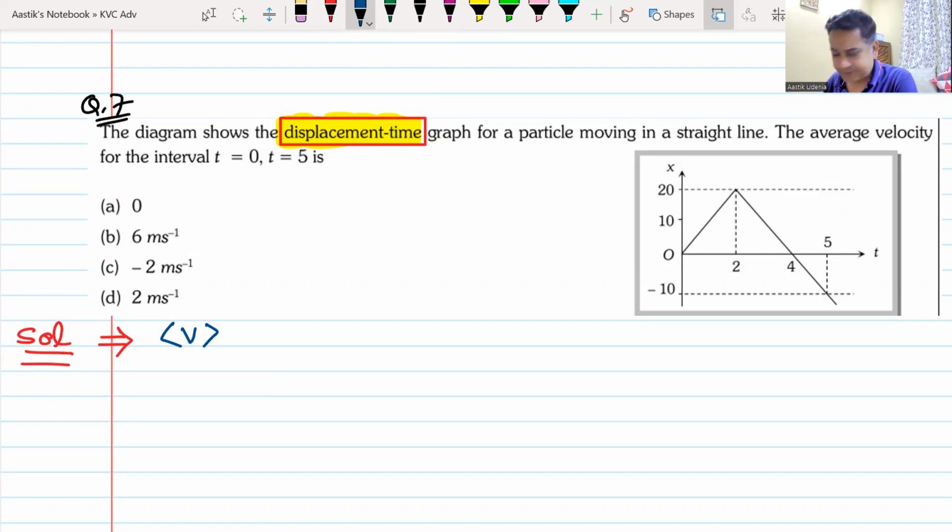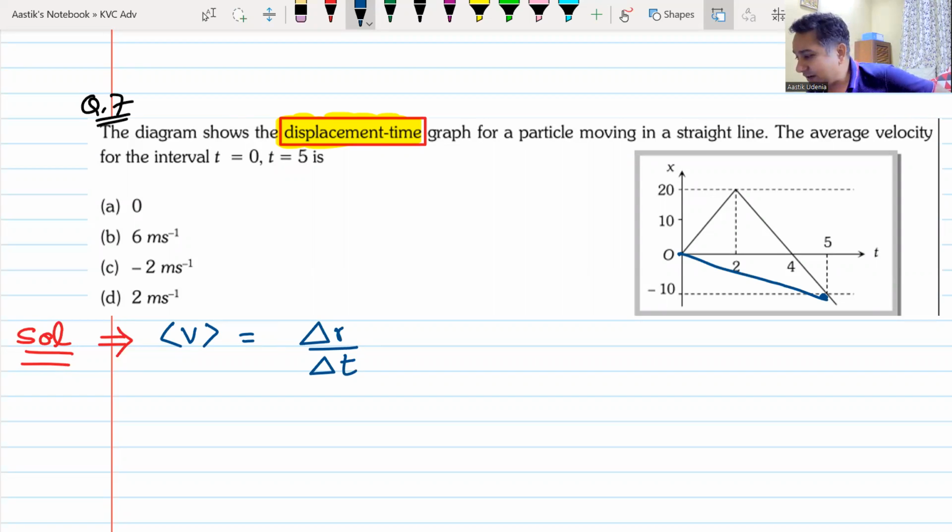Average velocity is total displacement, delta r, divided by total time. Yes, slope between these 2 points. So I draw a straight line from here to here and find the slope of this straight line.